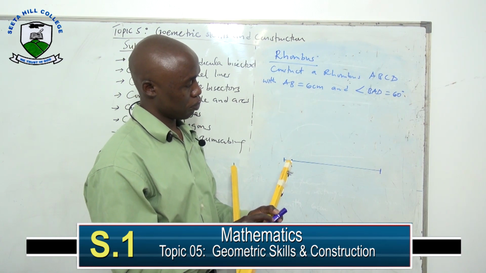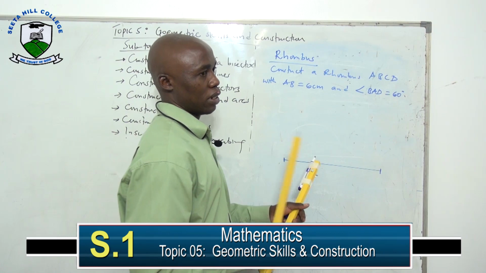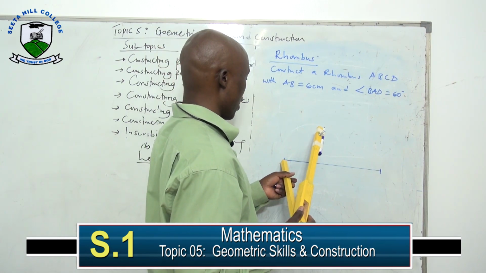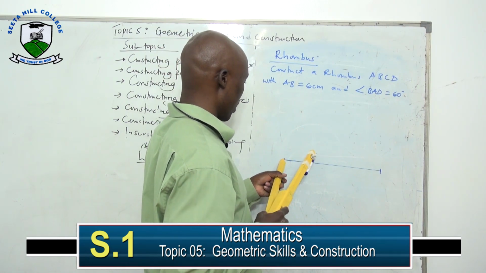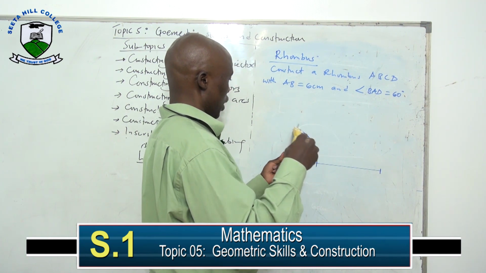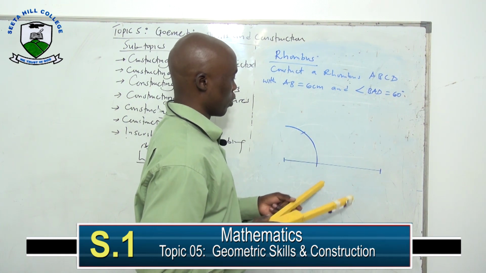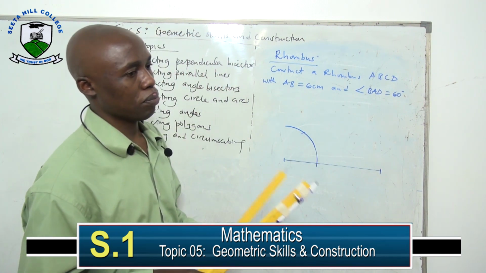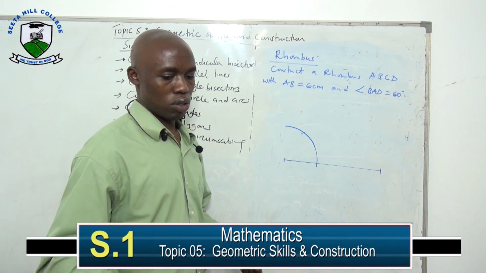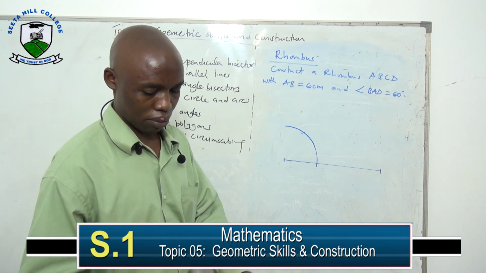Then now you construct which angle? 60, yes, 60 degrees. Is that constructed? Only once is enough, no need to construct at the other side.